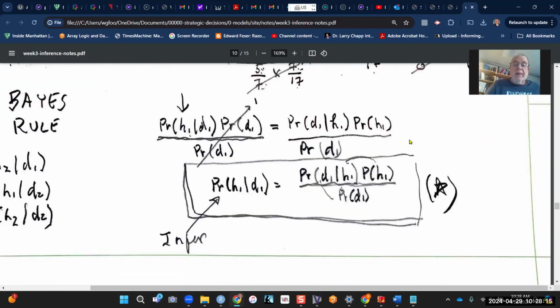And here we are. The last thing we'll do is, if these things here are together, the probability of H1 given D1 times the probability of D1 equals, flip side, the probability of D1 given H1 times the probability of H1. And we can divide both sides.